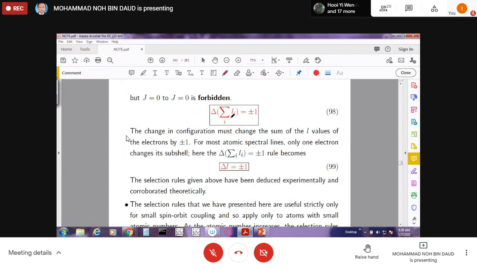And this is for the one electron transitions. Mostly we find it is a one electron transition, which means the difference of the orbital angular momentum, delta l, for the transition between different electronic configurations for the one electron transition is plus or minus 1.